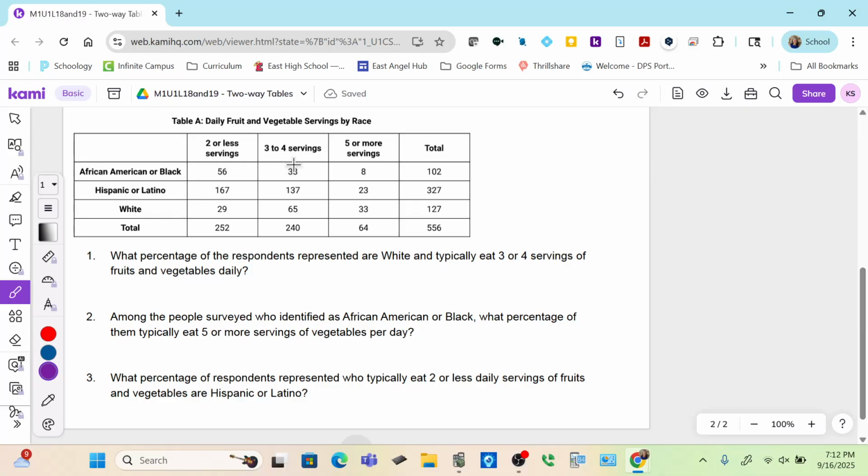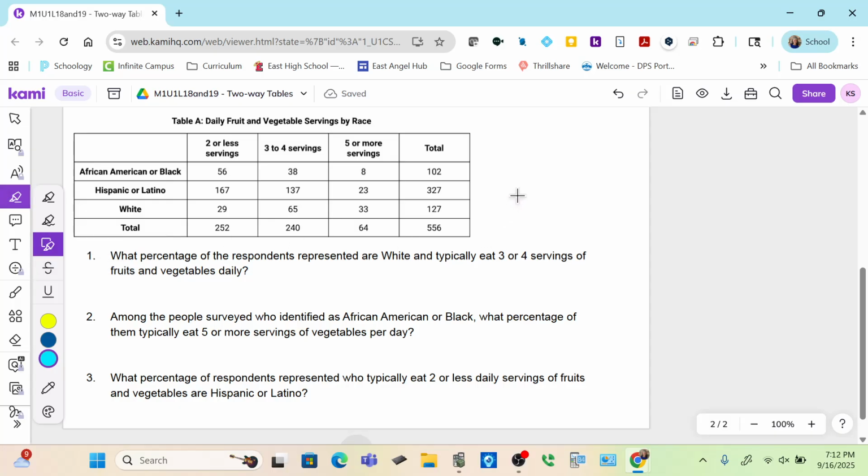We've also got three categories for the number of servings of fruits and vegetables that they eat in a day: 2 or less servings, 3 to 4 servings, and 5 or more servings. Just like the previous two-way table, I have a total for each row, and I have a total for each column.